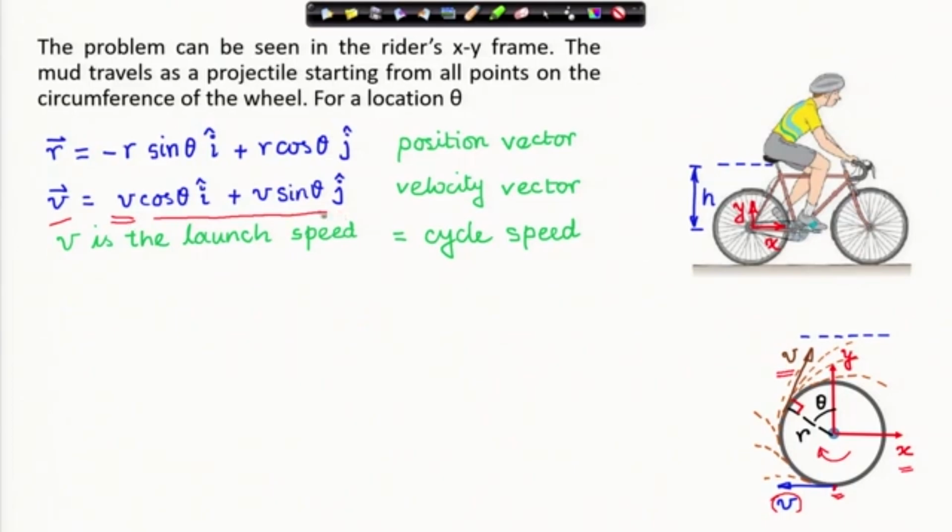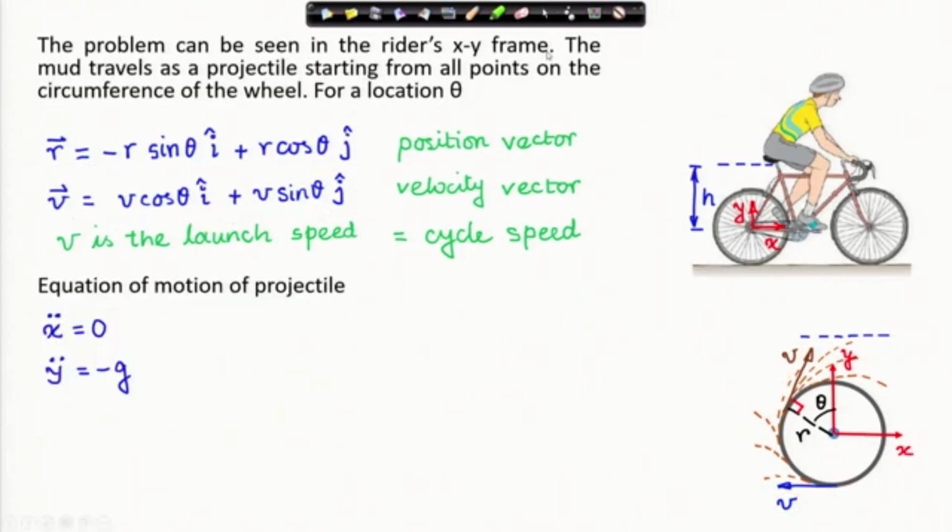So, v times the unit tangent vector, which is cos theta i cap plus sin theta j cap, which you can see very easily, and therefore I multiplied with the magnitude, which is the speed of the bike. That is the velocity of launch of the mud particle as it starts from this position. So, launch speed is the same as the cycle speed in this xy frame.